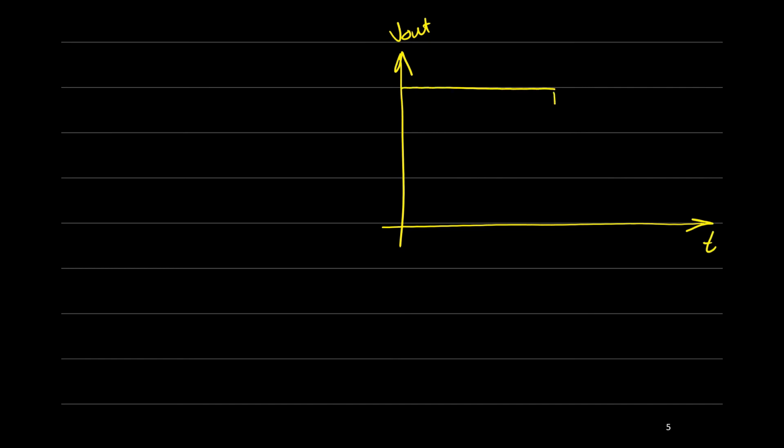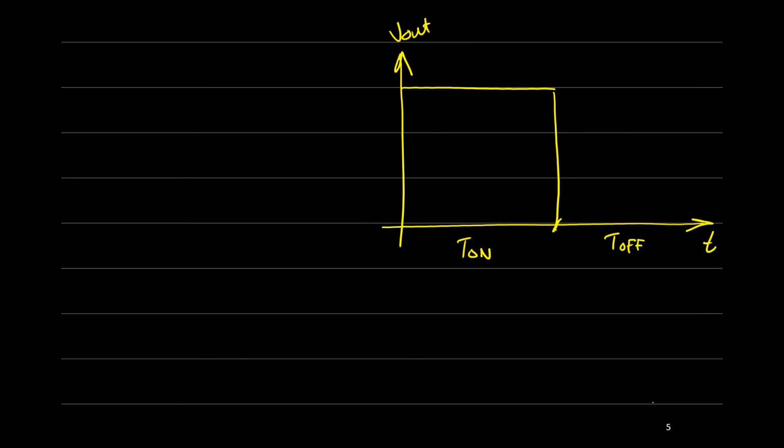Let's calculate the average value of the output waveform. How can we calculate this? Just imagine that this Vin is distributed over the switching time, T on plus T off. So here we have the input voltage over T on.